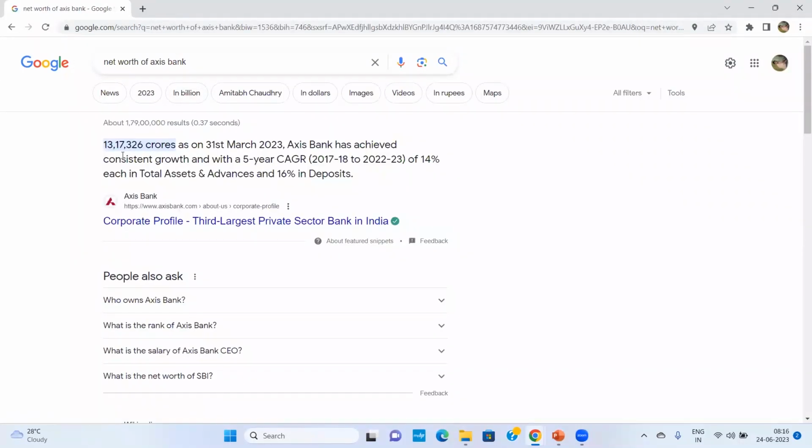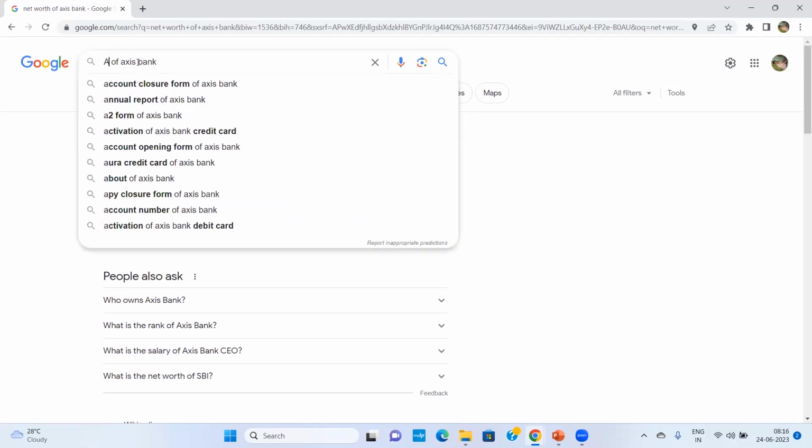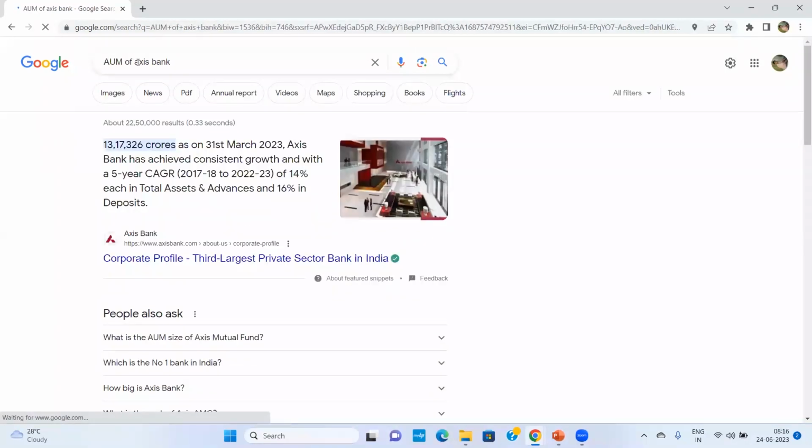So this is the net worth of Axis Bank. 13,17,326 crores is the net worth of Axis Bank. Now see AUM of Axis Bank. It's not coming.